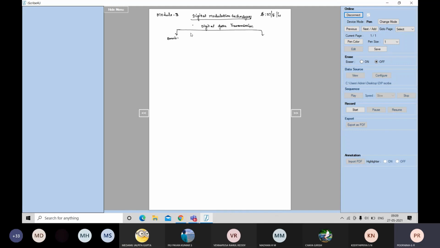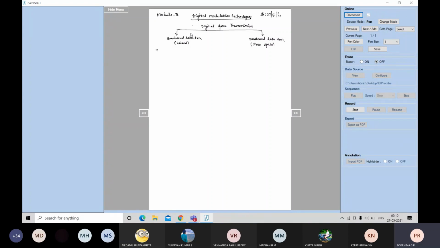One is baseband data transmission, and the other one is passband data transmission. Baseband transmission is through wired communication. Passband is through free space communication.